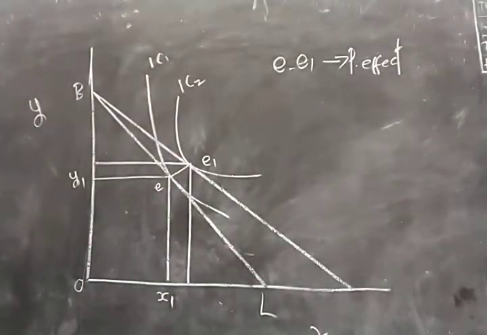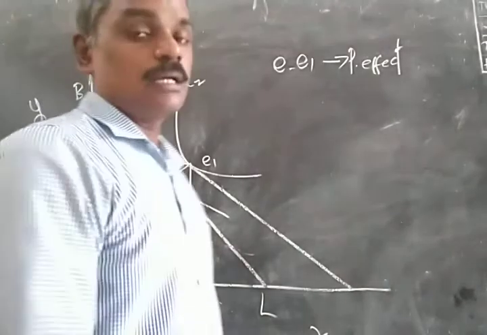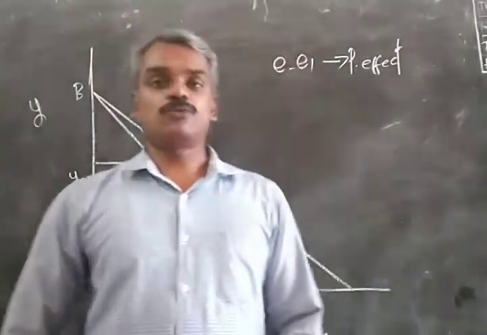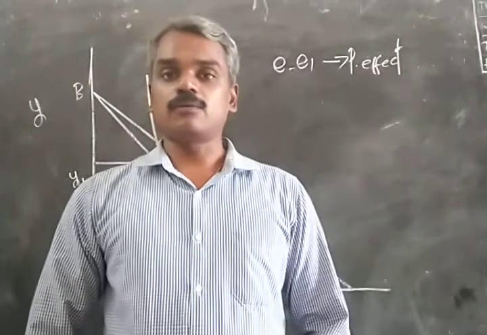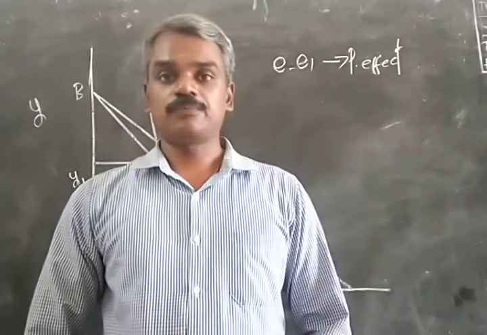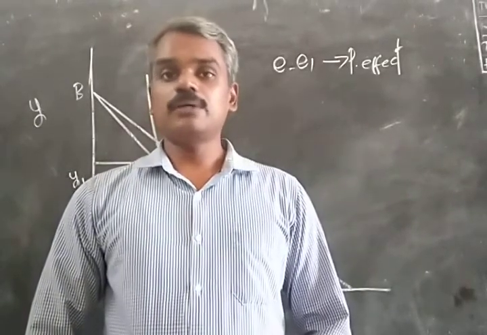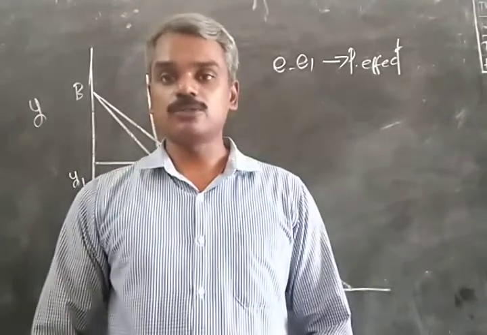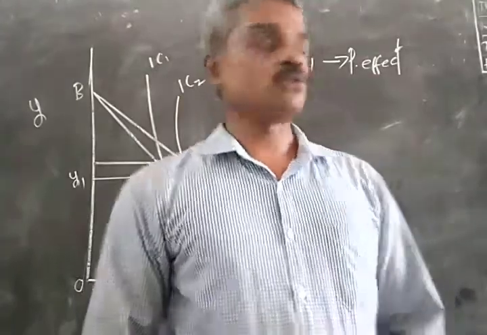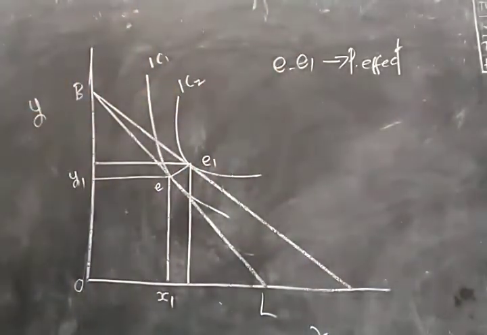But we have seen that this price effect consists of two separate effects. One is the income effect and another one is the substitution effect. Our job here is to decompose, or find the different values of, this income effect and substitution effect. So how do we do that?